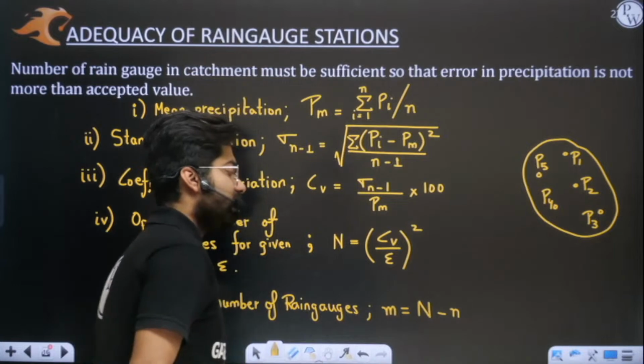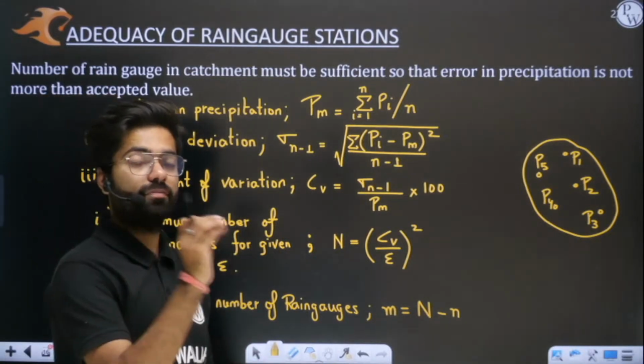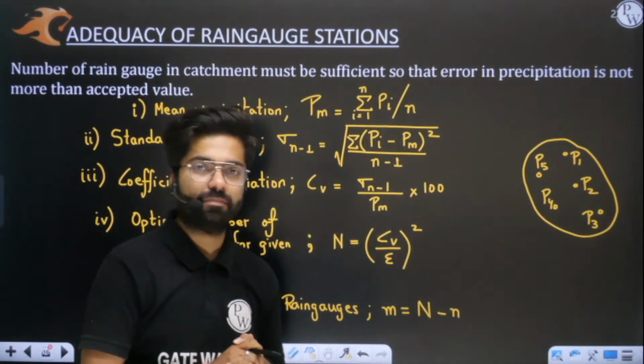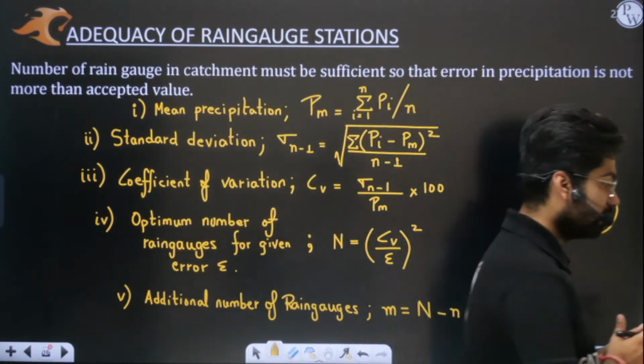So capital N minus small n will give you how many more rain gauges you should install so that the error is within the limits. I hope this is understood clearly.